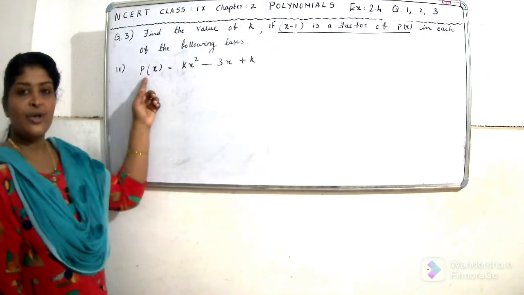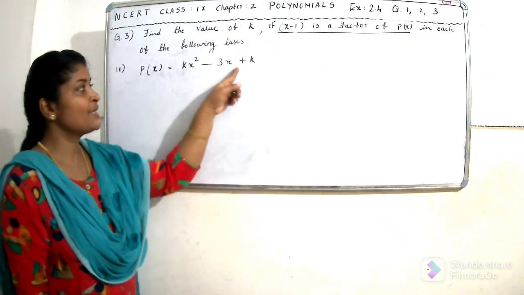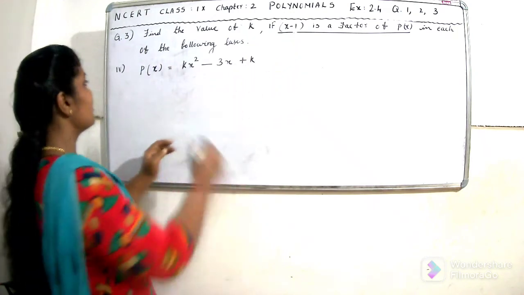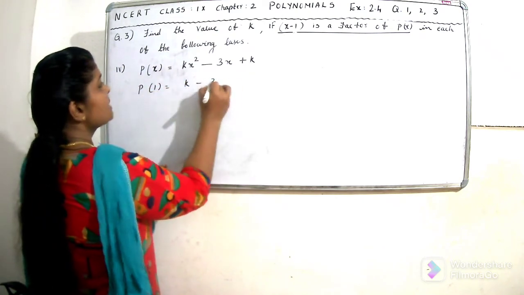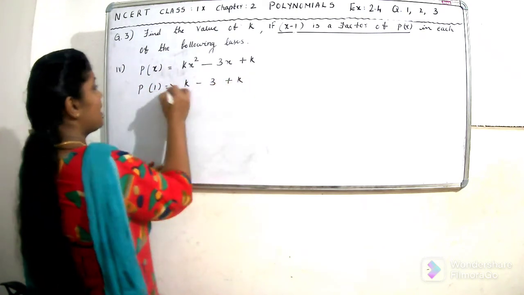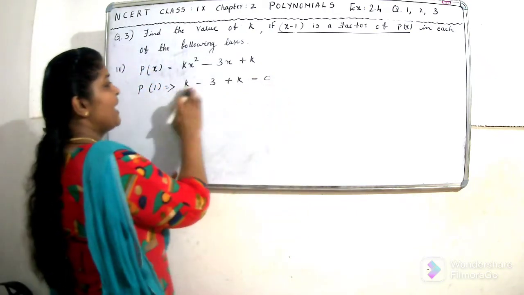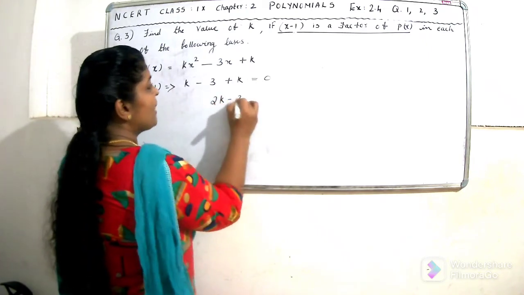Fourth question, p of x is equal to kx square minus 3x plus k. The zero of the polynomial is positive 1. We are going to substitute. p of 1 is equal to k minus 3 plus k, which is equal to 0. k plus k, 2 times, so 2k. 2k minus 3 is equal to 0.